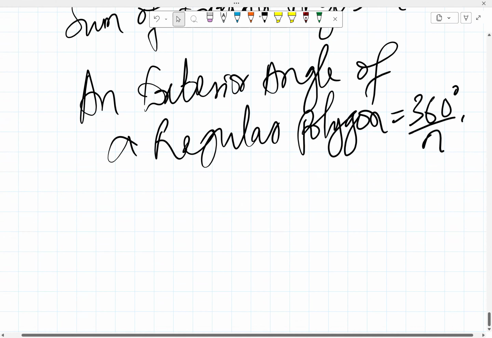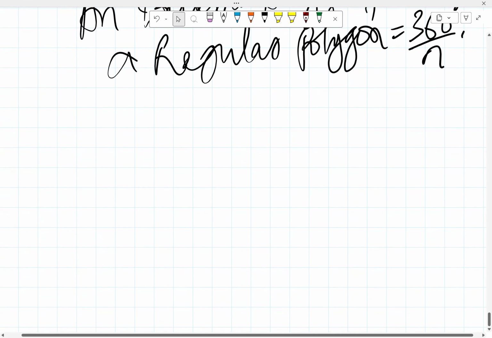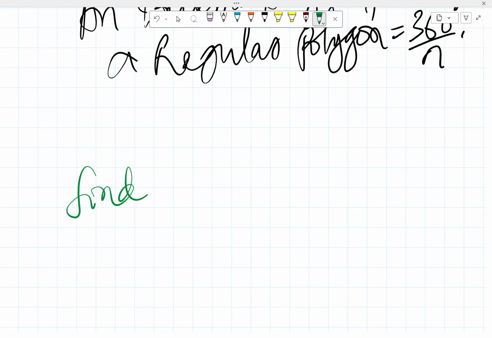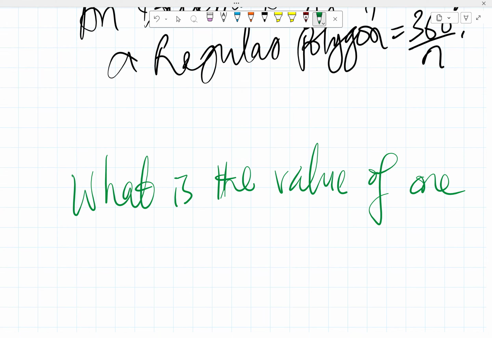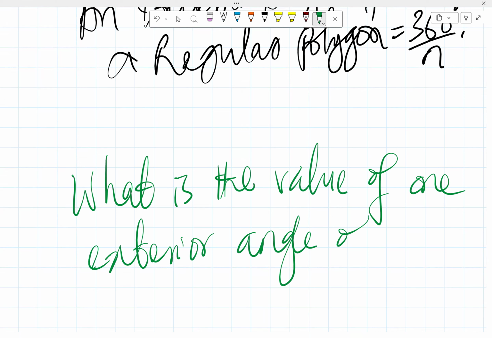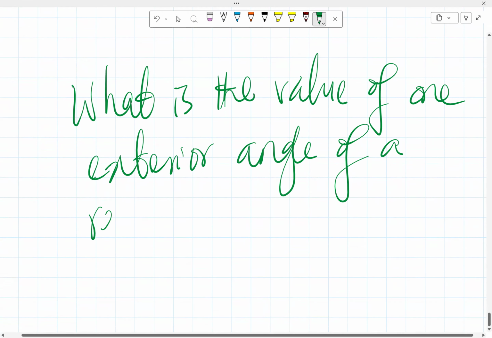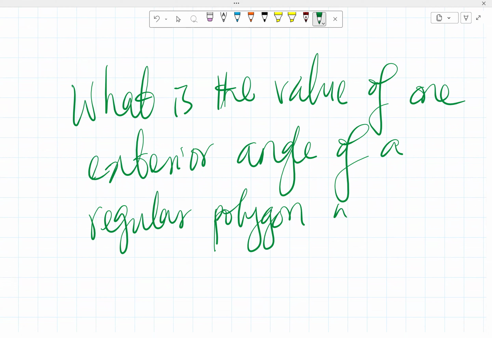So I'll just take a simple one before we go. What is the value of one exterior angle of a regular polygon with 12 sides?